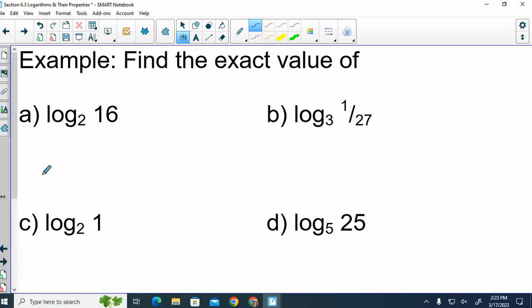So let's find the exact value. We have two options for these. Some people can look at them and know the answer. If you know what a log is, that's pretty easy to tell. A log is an exponent. When I see this, it's like saying 2 to what power equals 16?